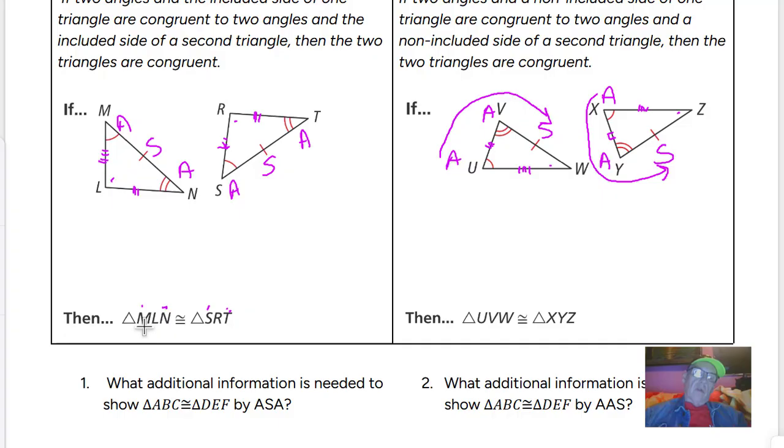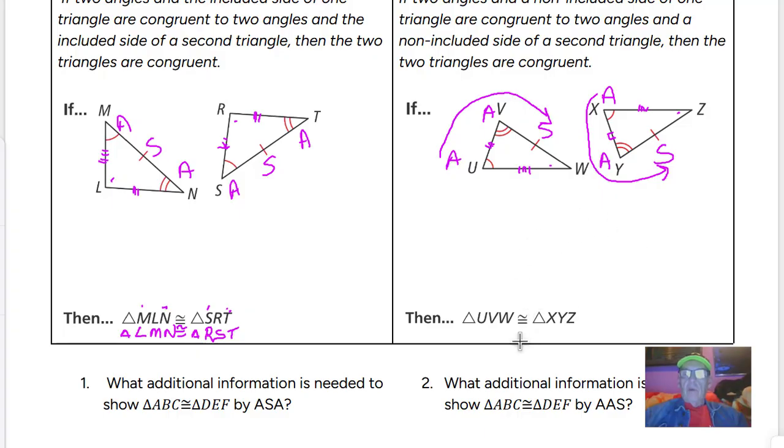If I wanted to start this one with L, and say go M and then N on the other side, then I would have to do R. So I went from L to M, so I have to go from R to S, and then to T. And that would be how I could name the congruence correctly if I decided to start with a different order of vertices.